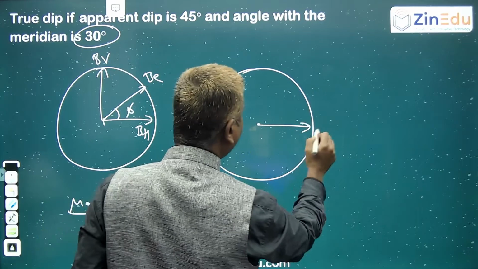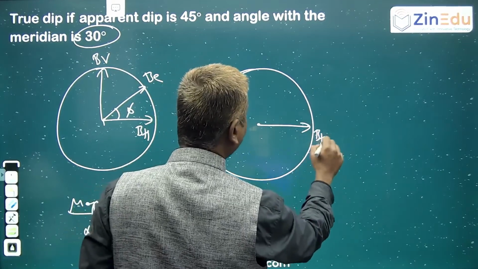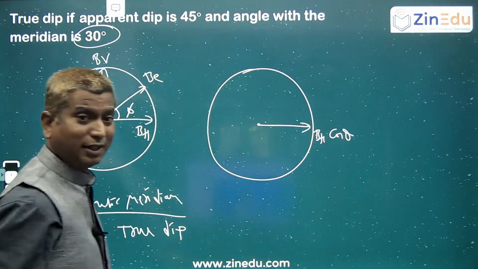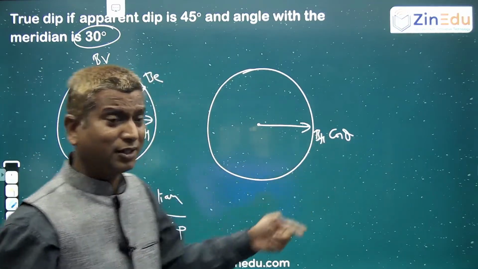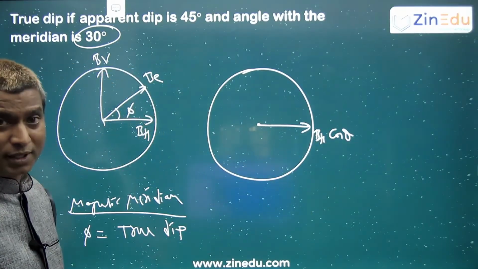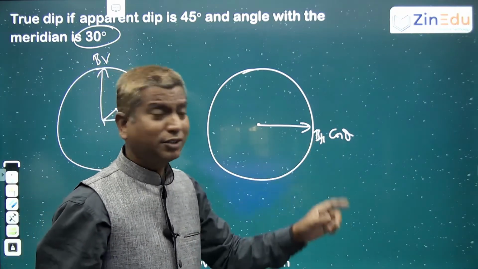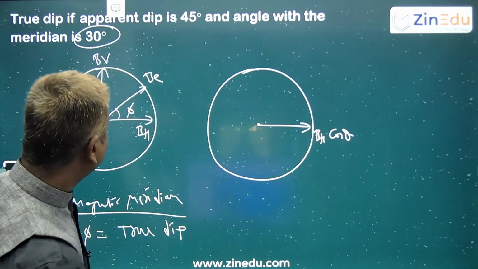Because you are taking a component of the horizontal, it is BH cos theta, where theta is the angle between this plane and this plane.